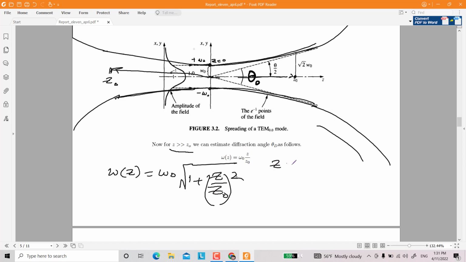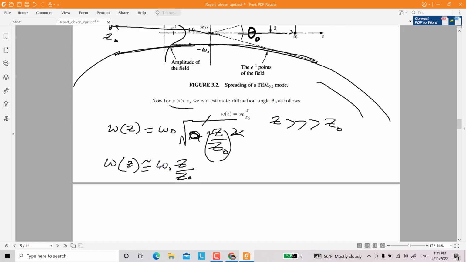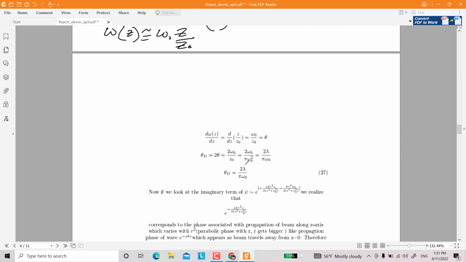If z is much greater than z0, then obviously this term will be much greater than 1, so you can ignore 1. If you ignore 1, you can cancel the square root with the square, and you are left with this thing. So omega as a function of z will be equal to omega naught, the beam waist, multiplied by z divided by the confocal parameter z0.